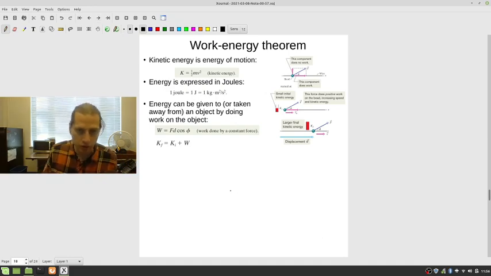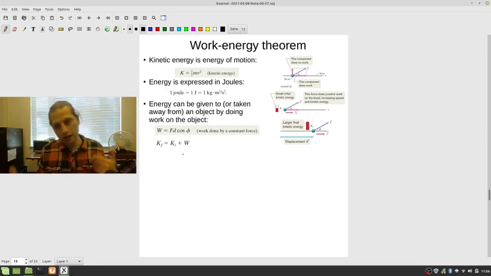Your kinetic energy at the beginning is just 1/2 times the mass times the speed squared. You can either cause it to speed up, putting positive work in, or you can cause it to slow down, doing negative work. And so our force ideas and our energy ideas are carefully matched.